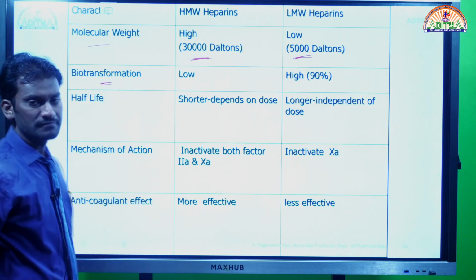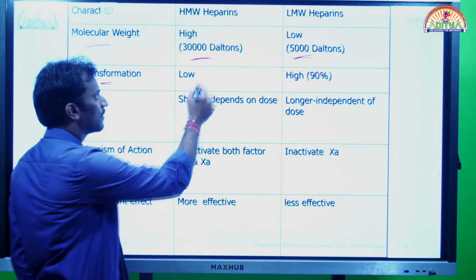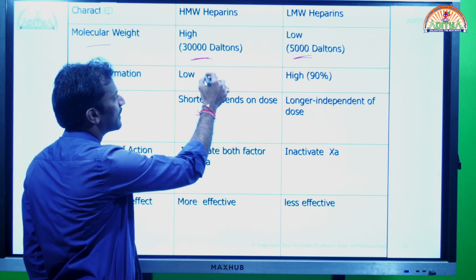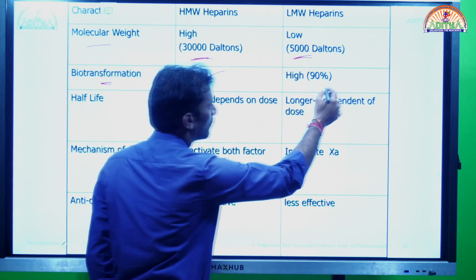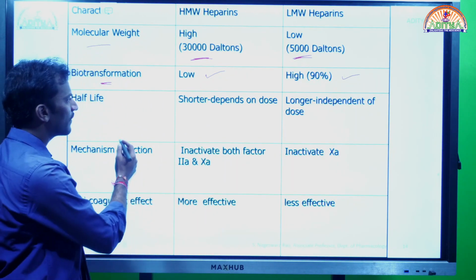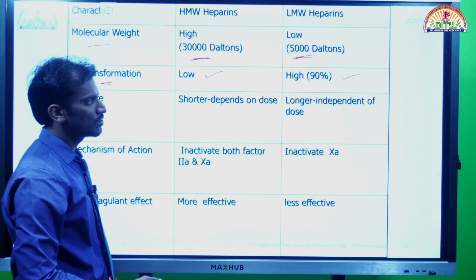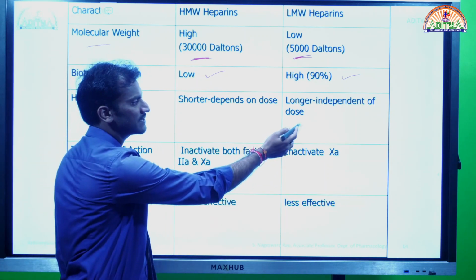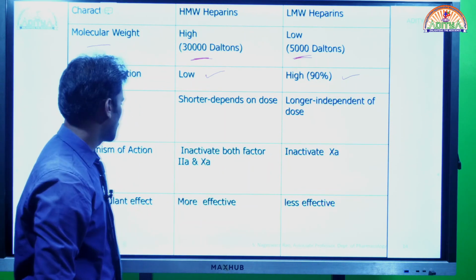Next, metabolism or biotransformation: in high molecular weight heparins it is low, in low molecular weight heparins it is high. Half-life: shorter in high molecular weight heparins and depends on the dose; in low molecular weight heparins it is longer.